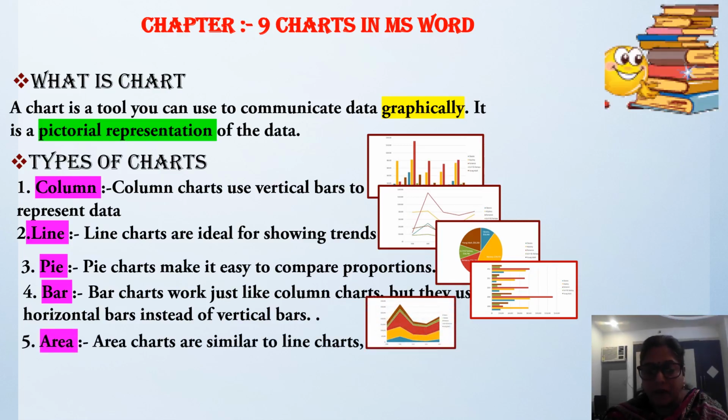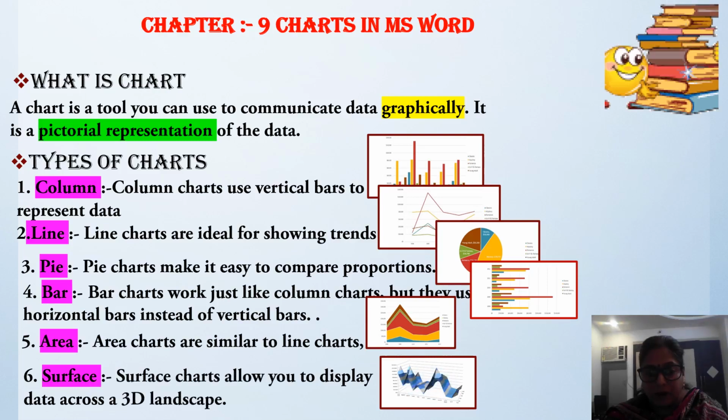Then area. Area charts are similar to line charts. Surface. Surface charts allow you to display the data across a 3D landscape. Means in this chart, it's showing the 3D way. So these are our different types of charts. So here chapter number 9 is over now.